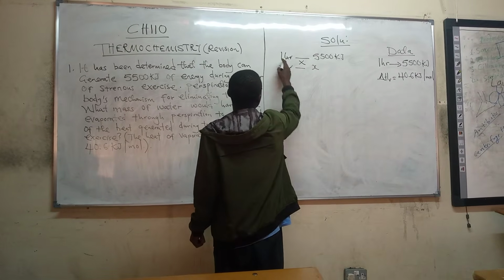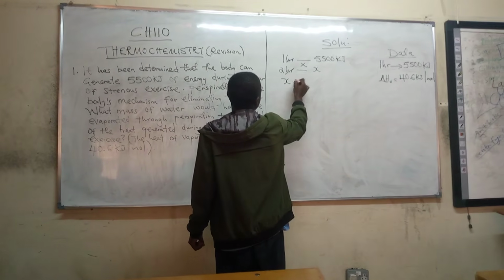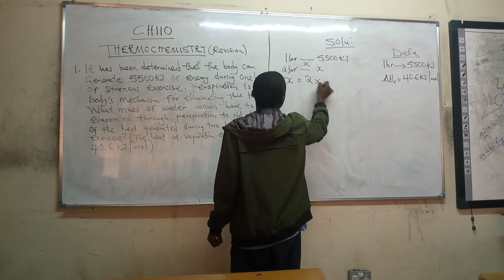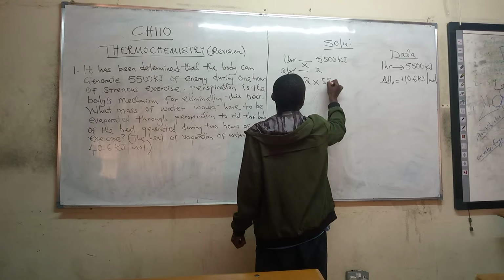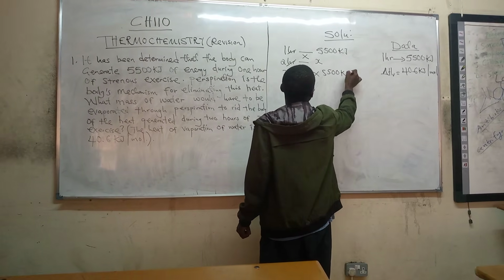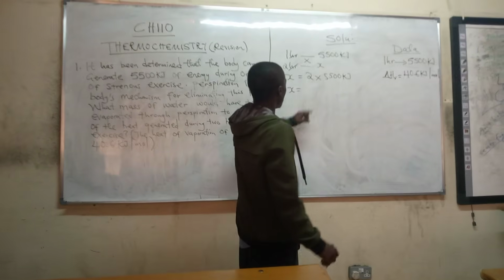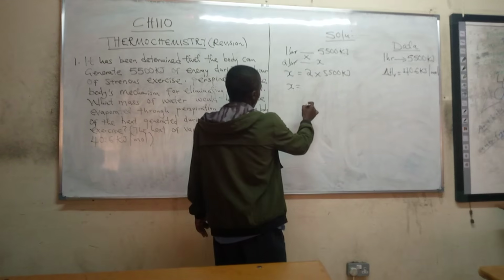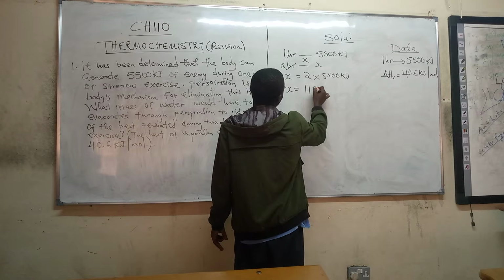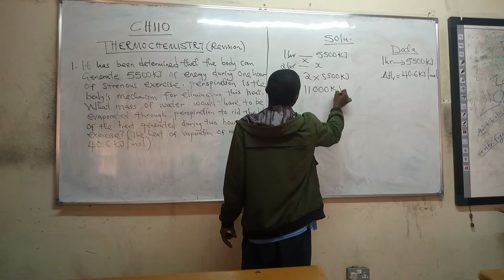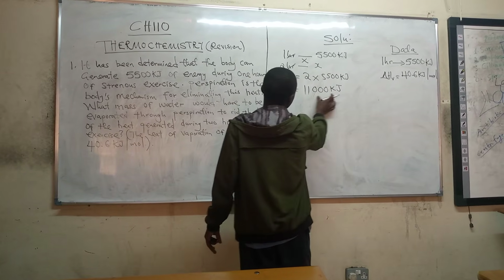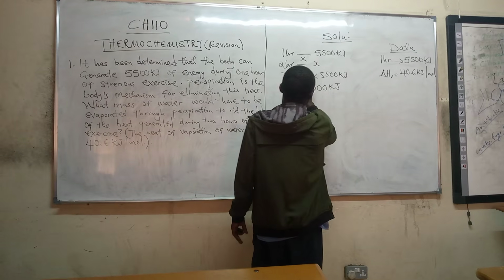So X times 1, that is X, is equal to 2 times 5,500 kilojoules. So the heat that was produced in 2 hours was 11,000 kilojoules.